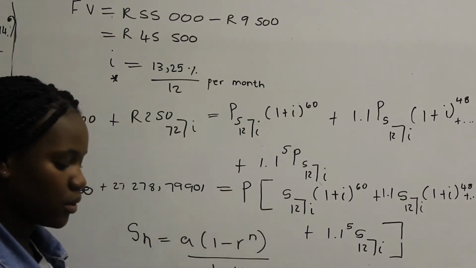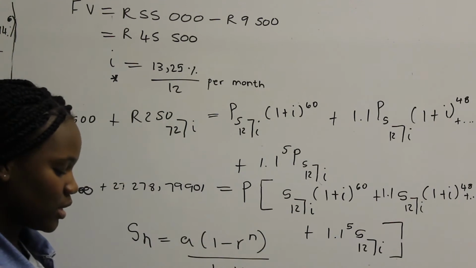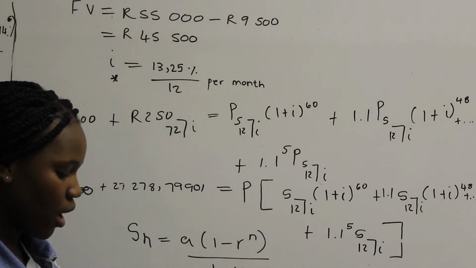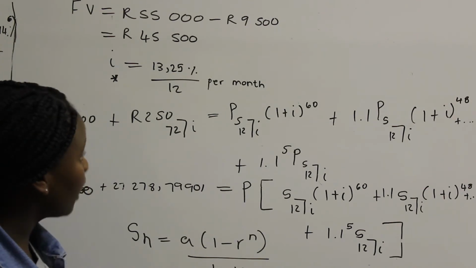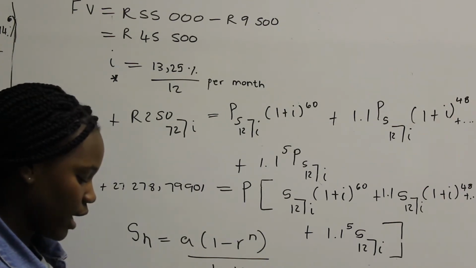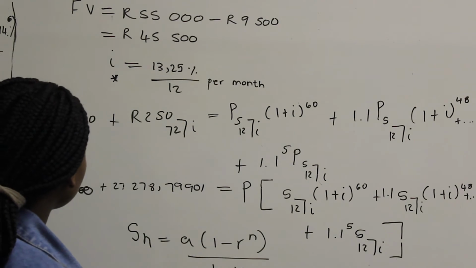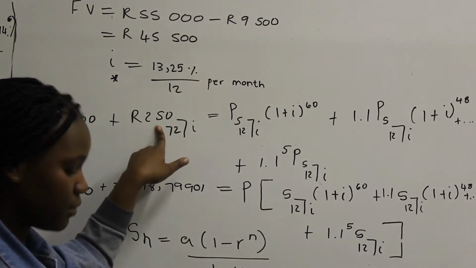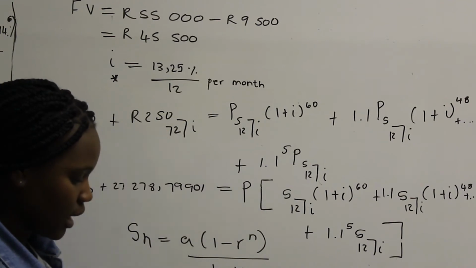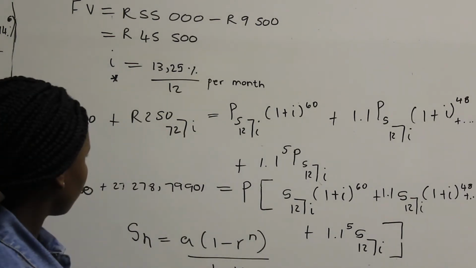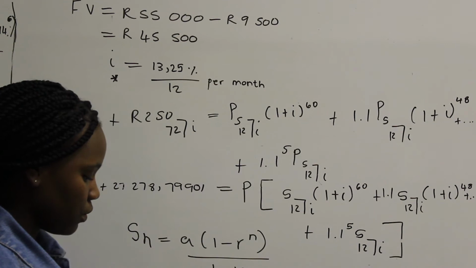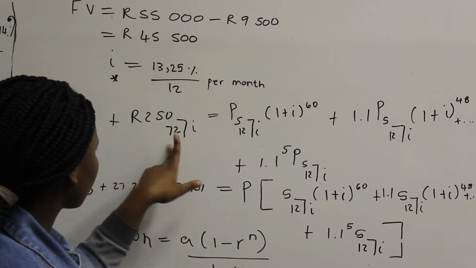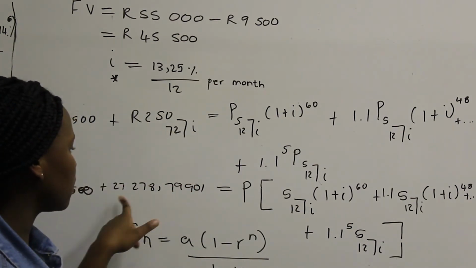Oh, sorry, no, I made a mistake. Let's start again. It's compound, and then it's end, and then it's 12, and then 13.25 divided by 12. The future value is 0, the payments are 250, and n is 72.